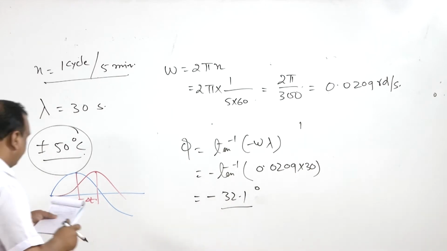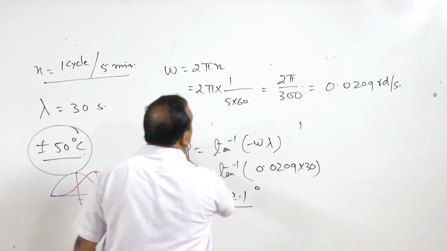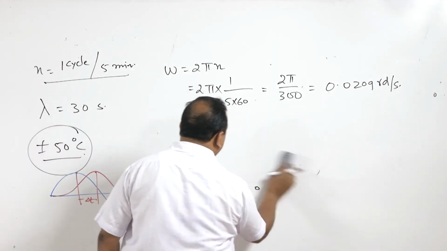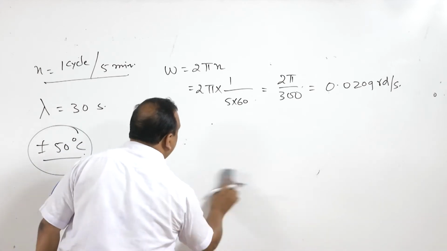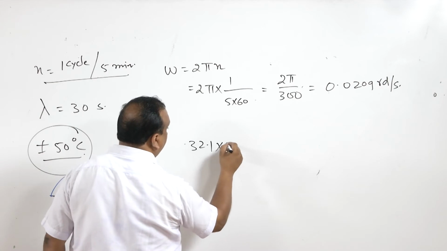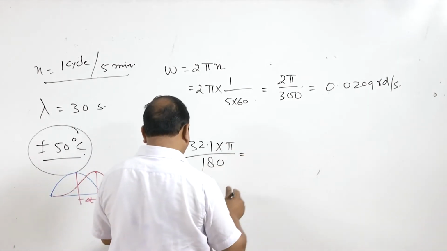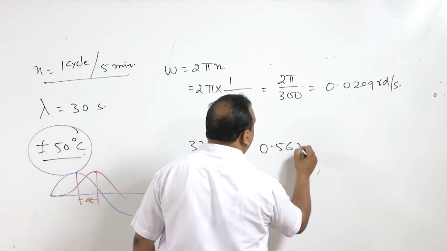First of all, we convert this phase lag of 32.1 degrees into radians: 32.1 multiplied by pi divided by 180 gives 0.56 radians.